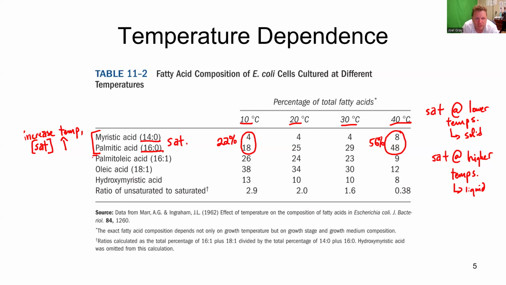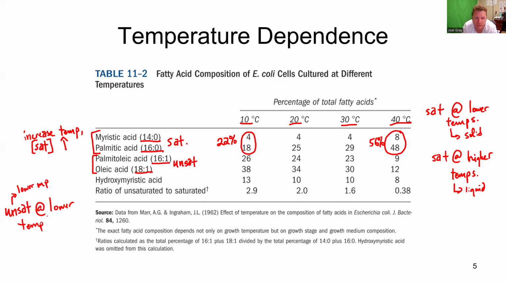Now let's look at palmitoleic acid and oleic acid, 16:1 and 18:1. These two are unsaturated fatty acids. And we know that unsaturated fatty acids have lower melting points.